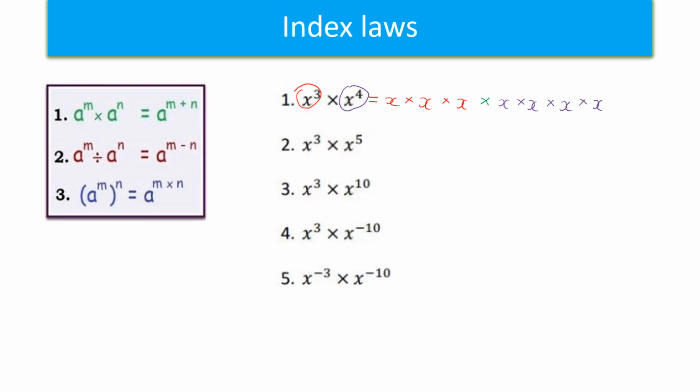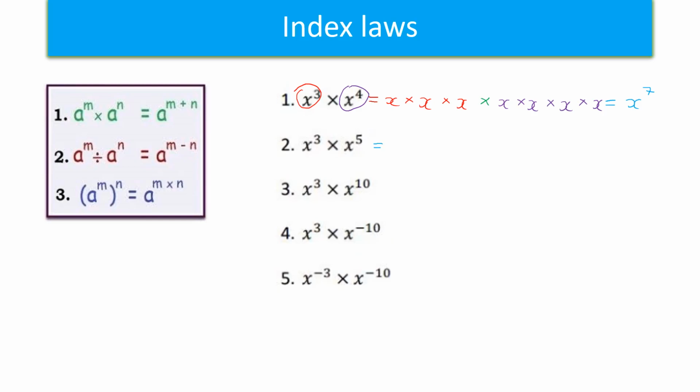So in fact, I am multiplying x by itself 7 times. So the answer is x to the power of 7. This is why we add the powers. So we don't have to write it out every single time. We can just add the powers and get our answer very quickly.